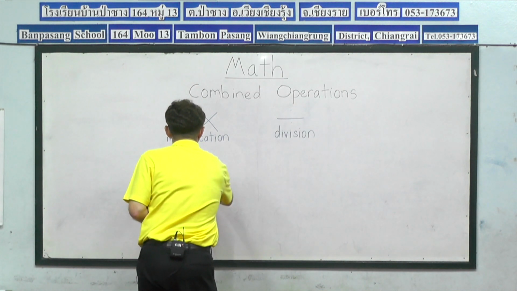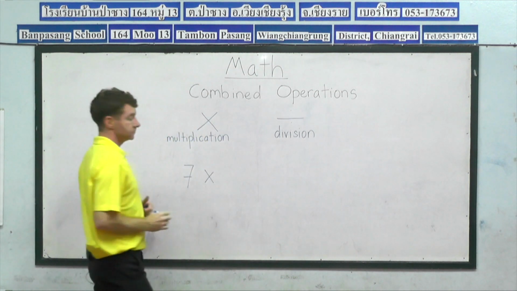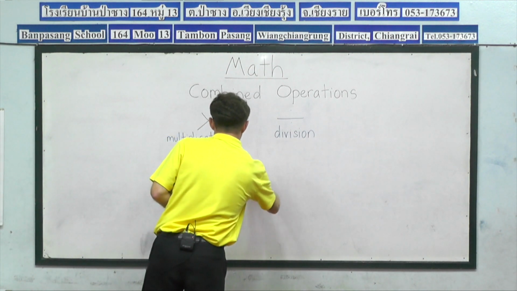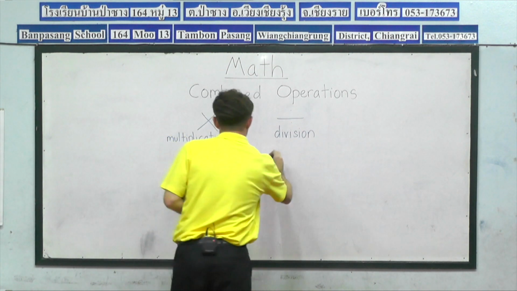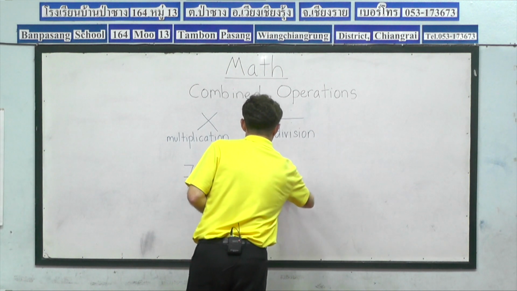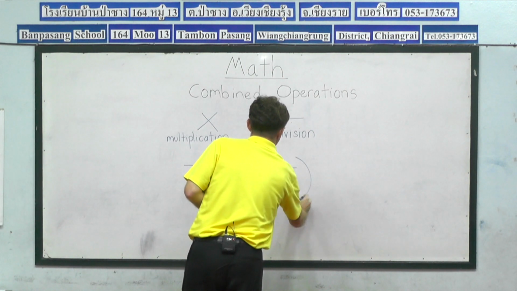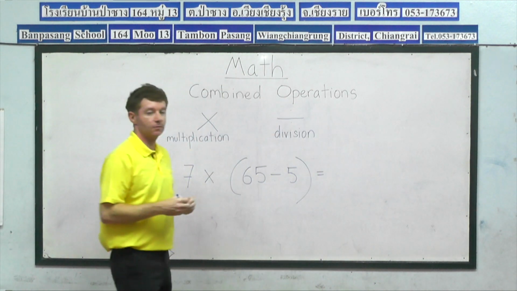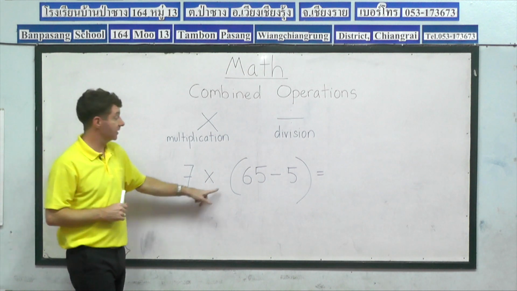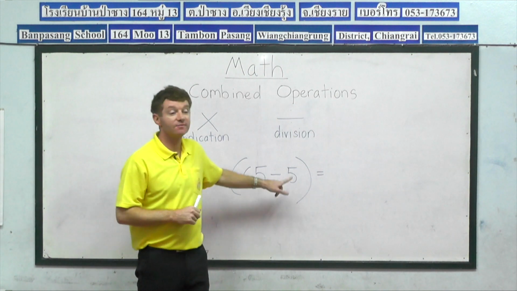We can start off with 7 times 65 divided by 5.